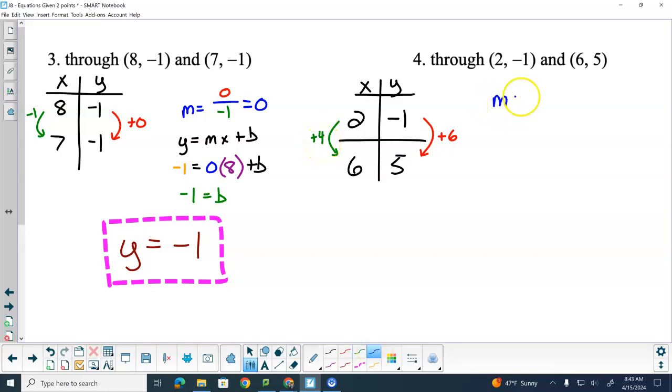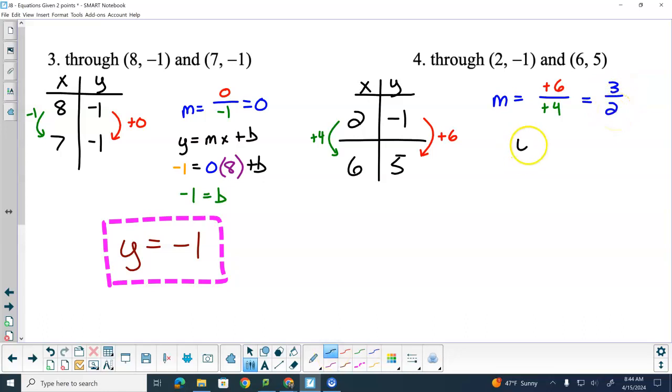The slope is positive 6 over positive 4. Do I like positive 6 over positive 4? Yay or nay? Anyone? Chloe, what do I like instead? 3 over 2. Yes, ma'am. They can both be divided by 2. So we like it as 3 over 2.